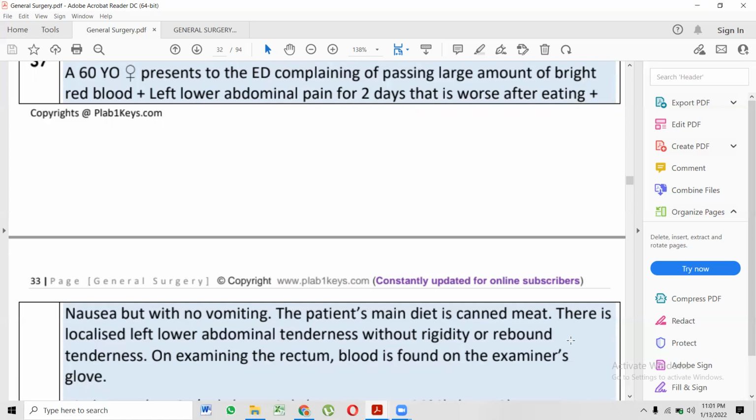Colorectal carcinoma. So a 60-year-old presents with a large amount of bright red blood. The points that favor colorectal carcinoma are that the patient is 60 years old and is complaining of bright red blood. Second is left lower abdominal pain for 2 days.